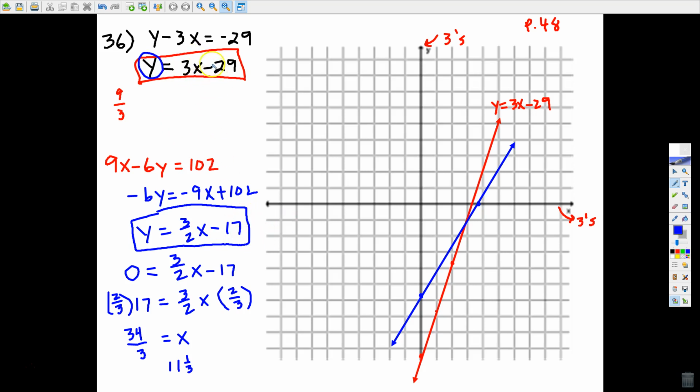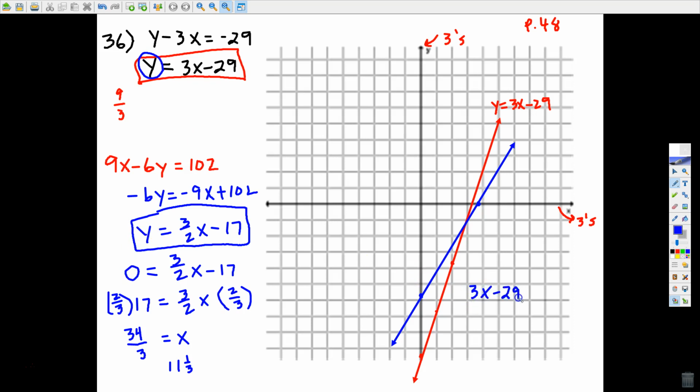Or I could go the other way. I could let 3x minus 29 replace the y down here. It really doesn't matter. I'm just going to say 3x minus 29 will replace this y. Okay, that's just the substitution method.